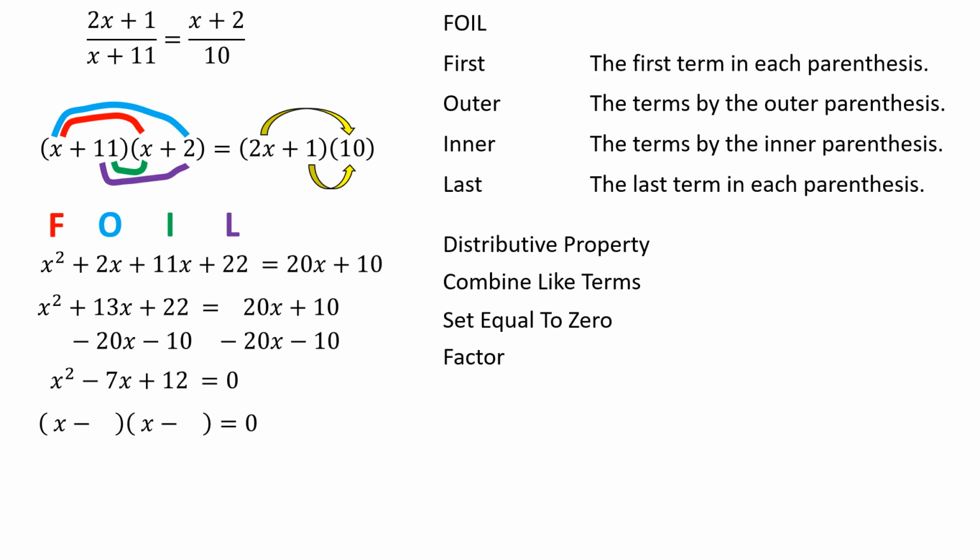Now I just got to figure out, well, what two numbers multiply to get me 12, but combine to be 7? Well, negative 3 times negative 4 makes a positive 12. And then when I do FOIL, the negative 3x and the negative 4x will combine to become negative 7x.